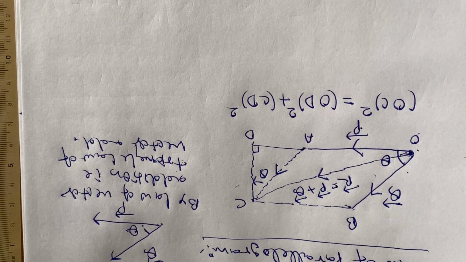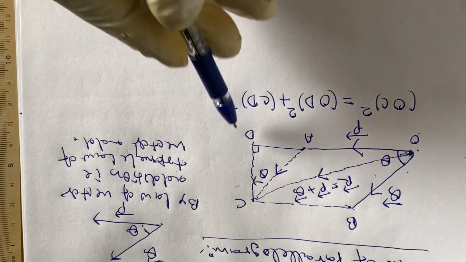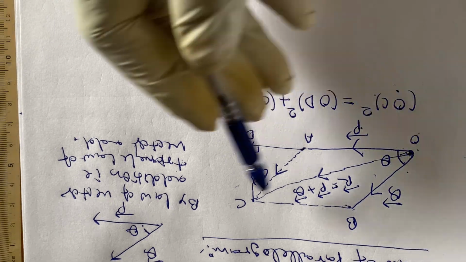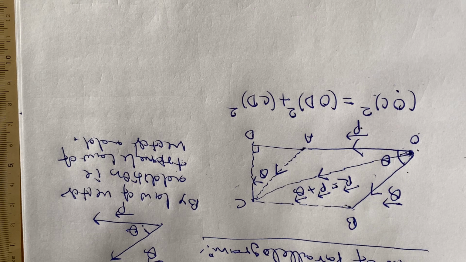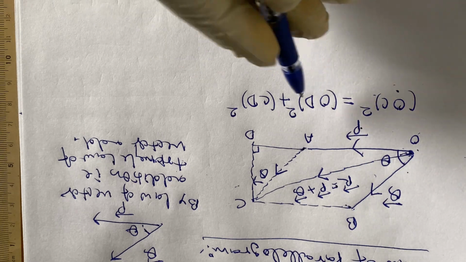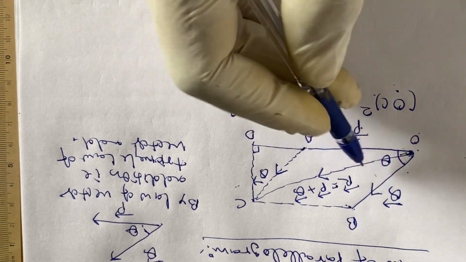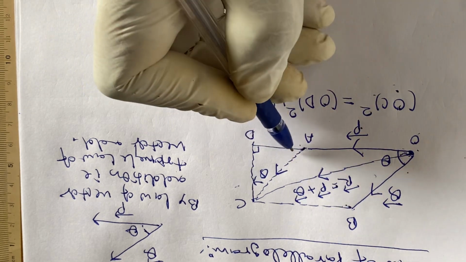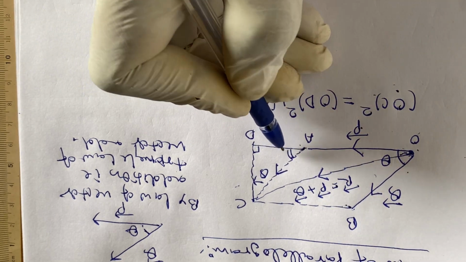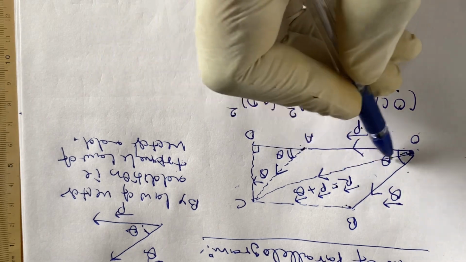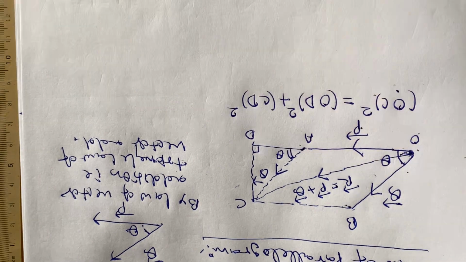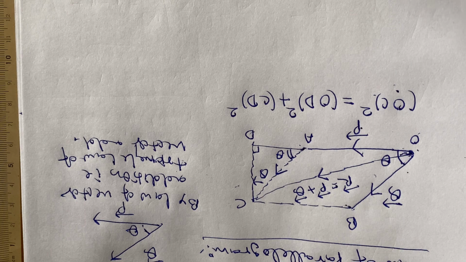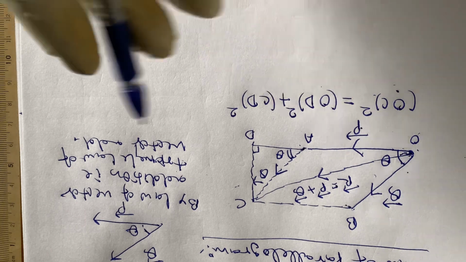Now if we get OD and CD, we can find OC, that is the resultant R magnitude. Now if you see, because line OB is parallel to line AC, this angle will also be theta.